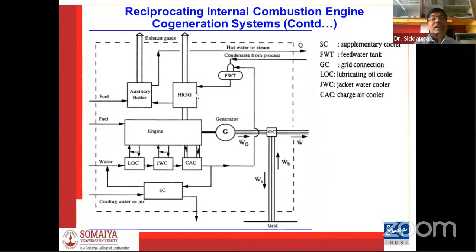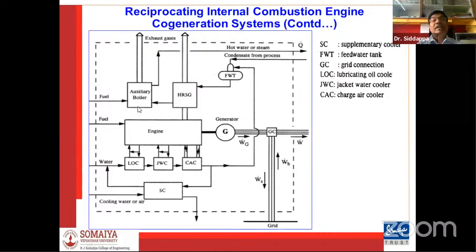But if part of the gases coming out from the HRSG system is used in an auxiliary boiler, which is a standby boiler, we can add some fuel and burn it with the gases coming out, adding enthalpy energy.